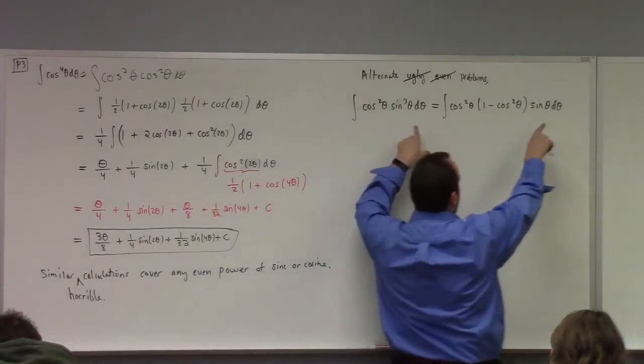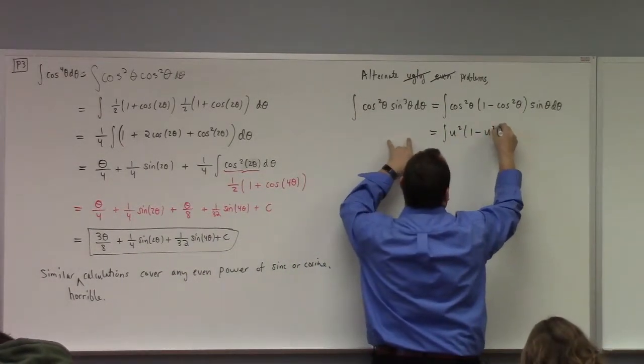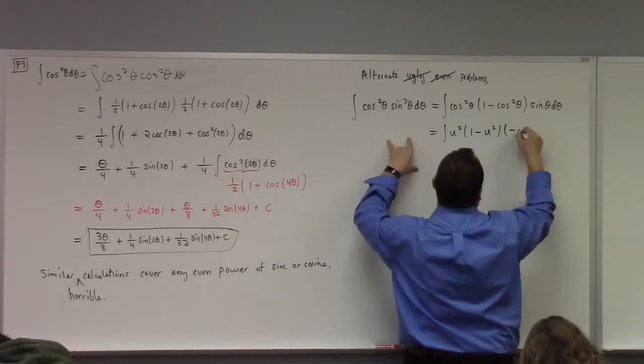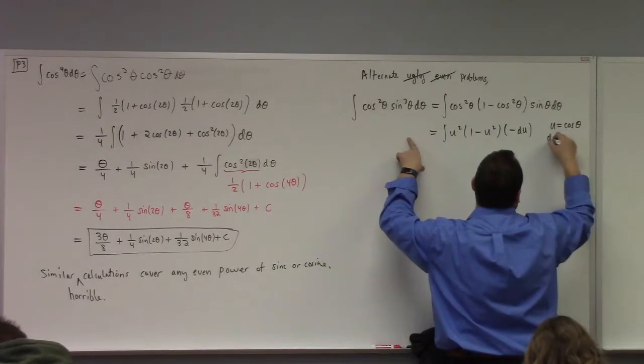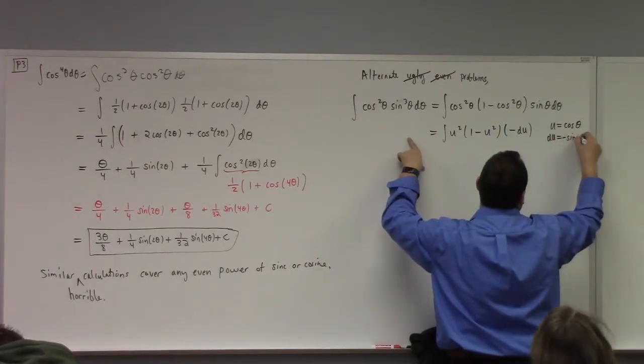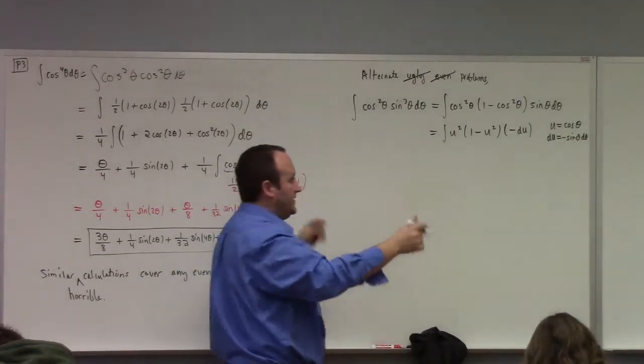This means we can write this as the integral of u squared, 1 minus u squared, minus du. See, if u is cosine theta, du is minus sine theta d theta. So that's why there's a minus there. Distribute the minus, what do you got?